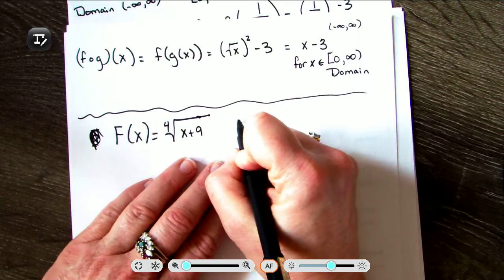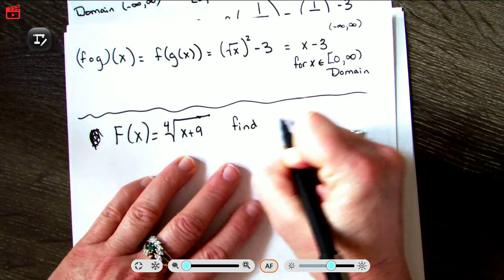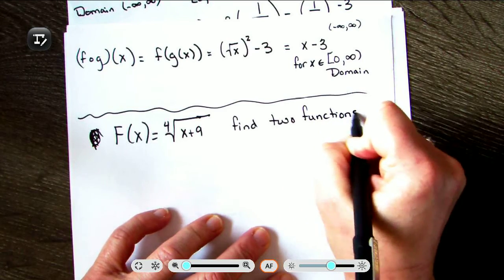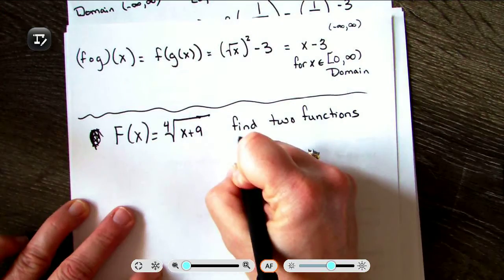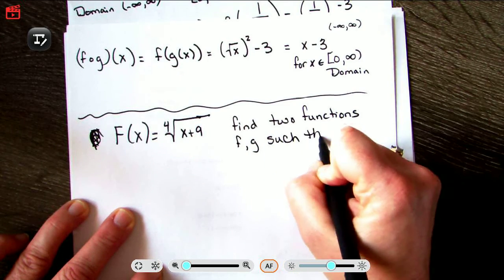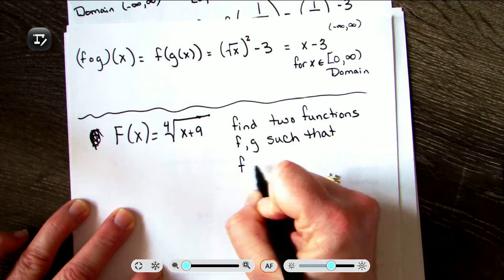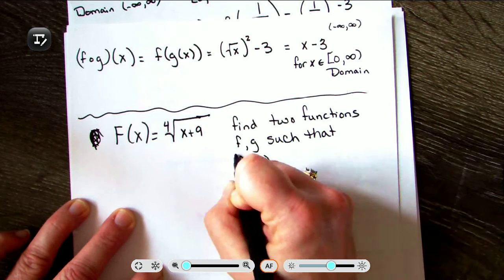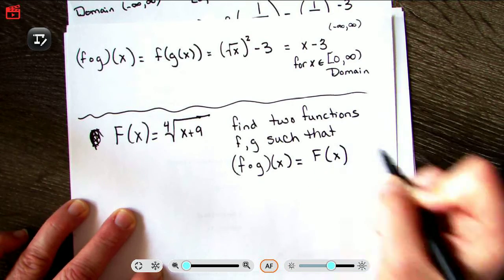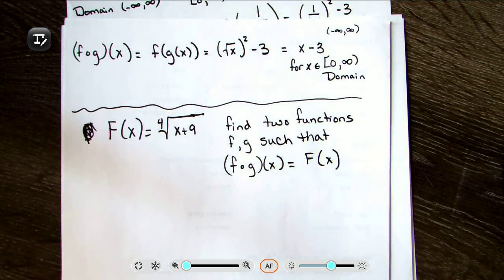What we want to do is find two functions, and we will call them f and g, such that f composed with g of x is equal to capital F of x. And students, for some reason, think that that is a very complicated situation because it makes no sense. So we're going to break it down.